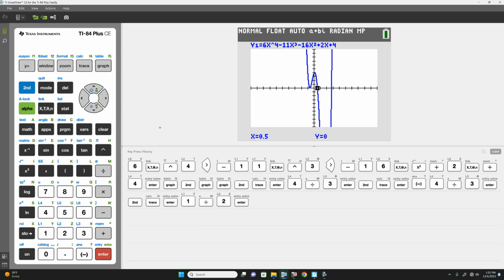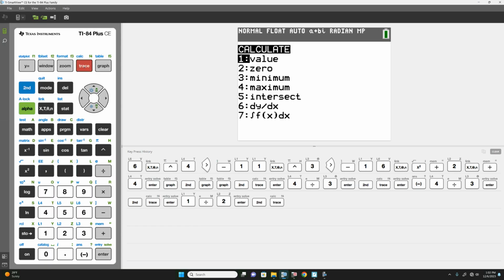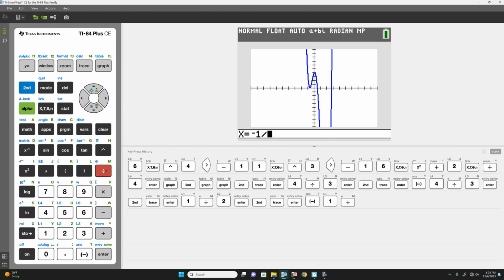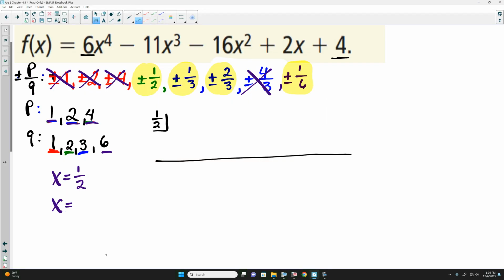We can go on and try it and see. Second trace, value, -1/2 is 0.75. So it's close, but not quite there. We've tried positive 1/2, it worked, -1/2 didn't.